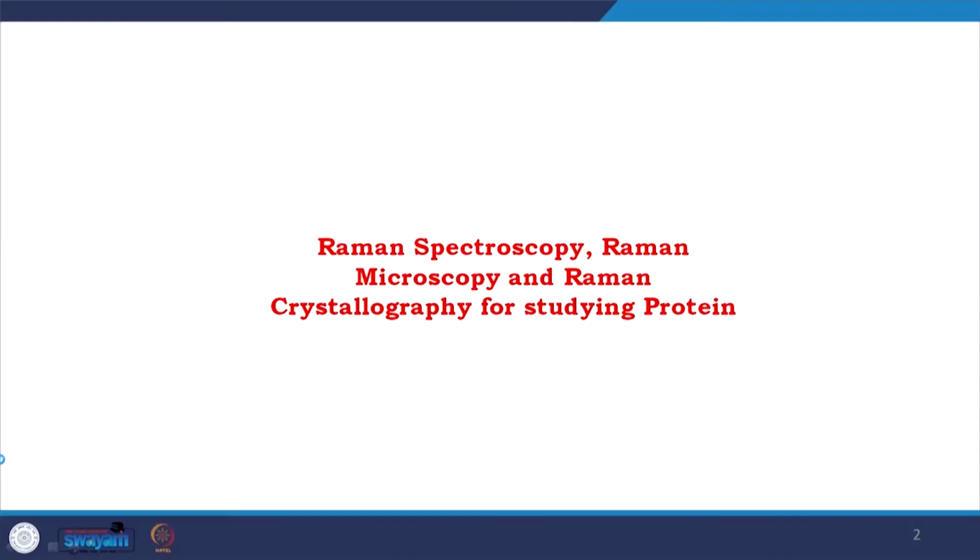I personally have worked with that, and Raman crystallography is a technique which is amazing, very novel, because by using this technology you could trap a live reaction. I repeat, you could trap a live enzymatic reaction. So, let us start Raman spectroscopy, Raman microscopy, Raman crystallography for studying protein.